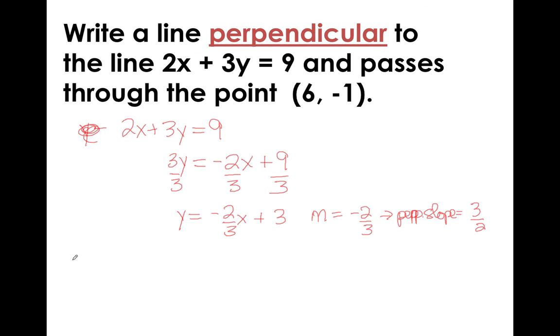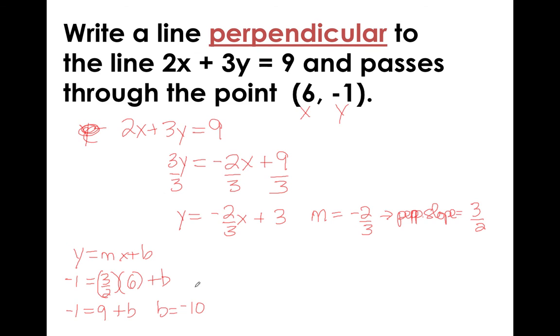Using the same process, y equals mx plus b. Remember, this is my x and this is my y. This becomes negative 1 is equal to, well, my new slope is 3/2. My x is 6. This right here becomes negative 1 is equal to 9 plus b. So my b comes out to be negative 10.